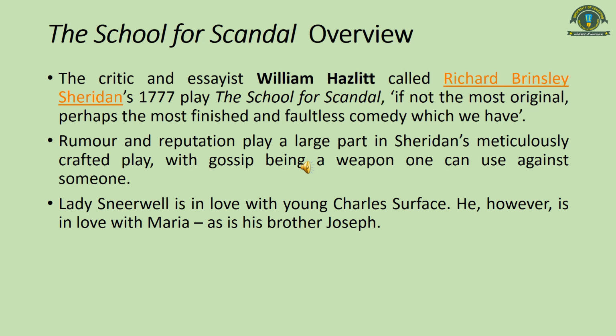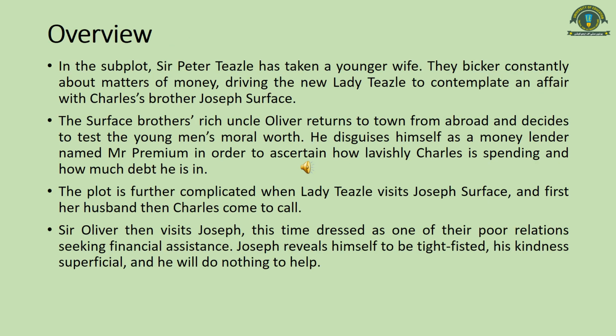So that's why they are plotting against him. In the subplot of scene one, we see that Sir Peter has taken a young wife, and they always used to talk about financial matters and constantly about money, driving the new Lady Teazle to contemplate an affair with Charles' brother Joseph Surface.